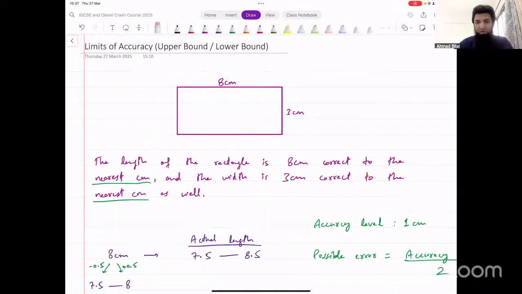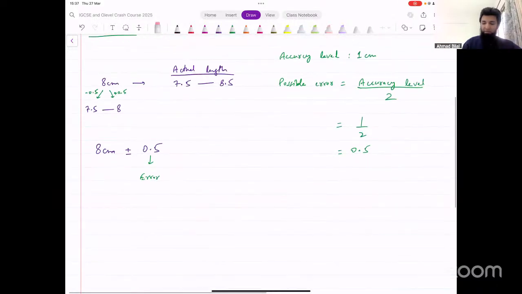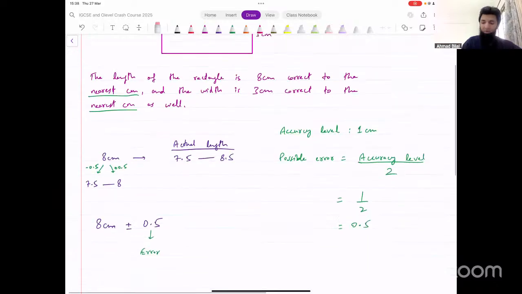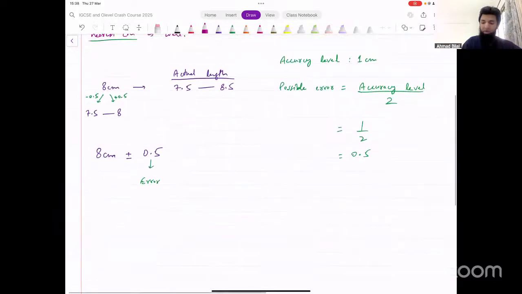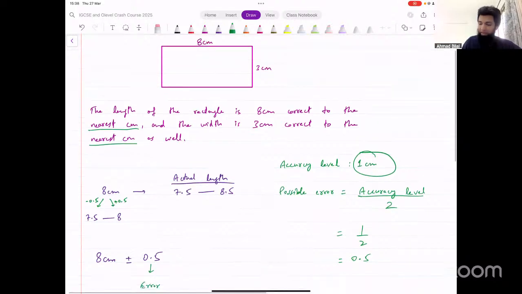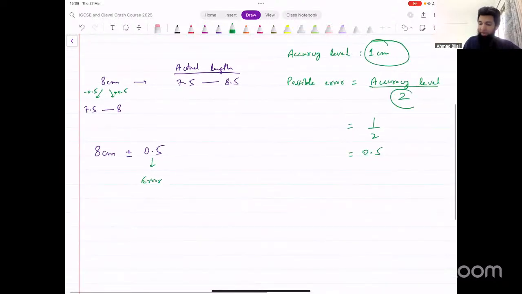Now, that's basically the idea of limits of accuracy, upper bound and lower bound, that for any measurement that we have, for which there is some error possible, whatever level of accuracy you're given, you can find the possible error in that measurement by dividing that accuracy level by 2 like this.